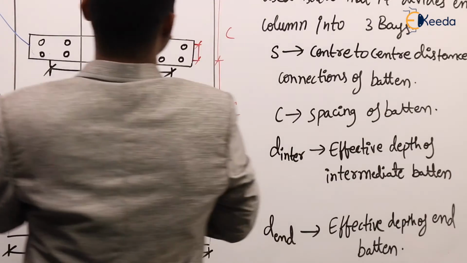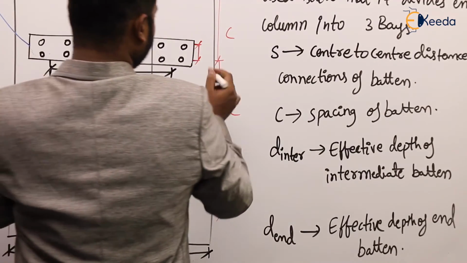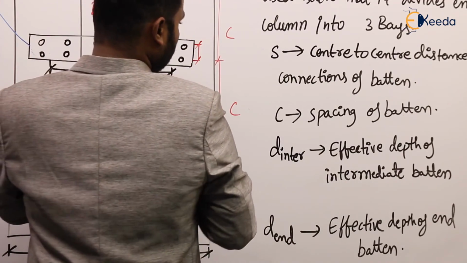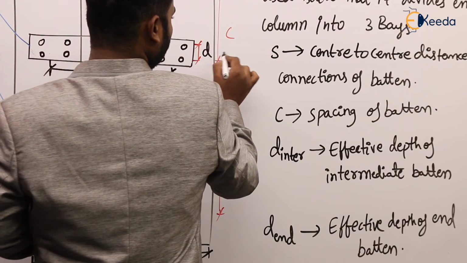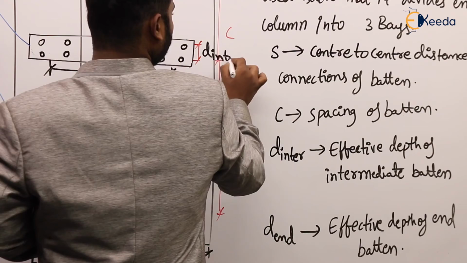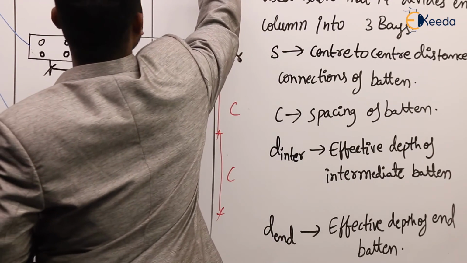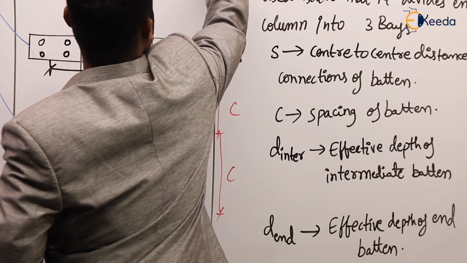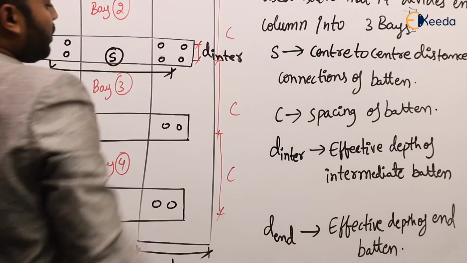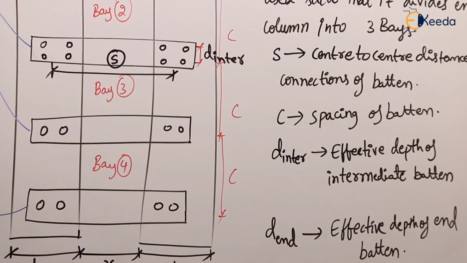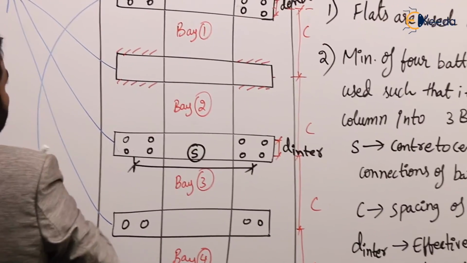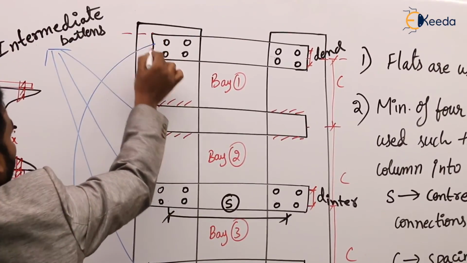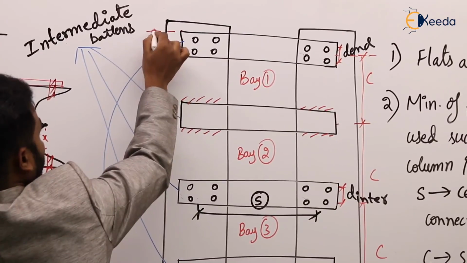So if I show here, this is D inter, and this is D end, the effective depth of the end batten. Now to get the overall depth, if you see here, this is the overall depth in this case.